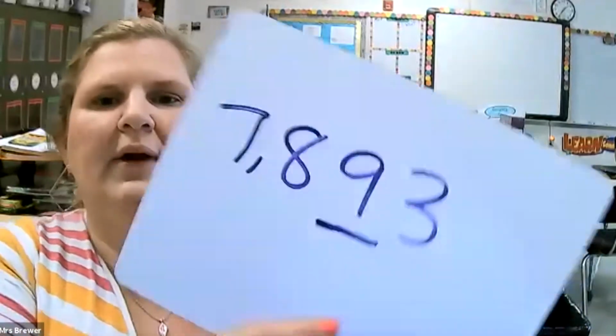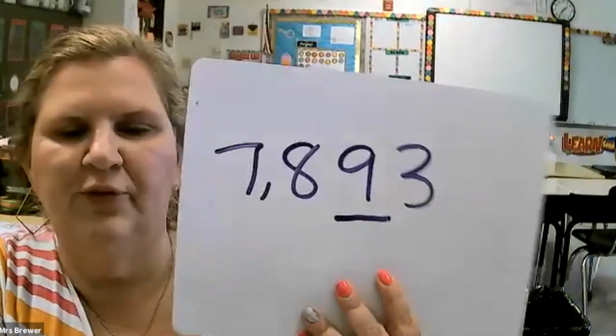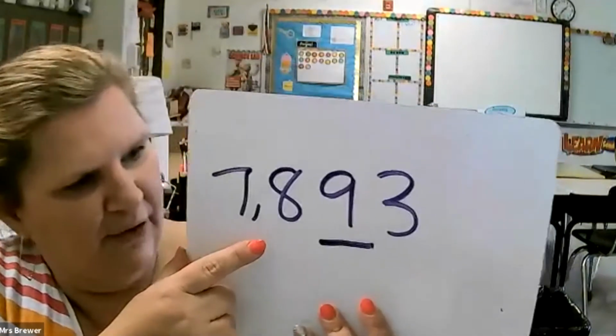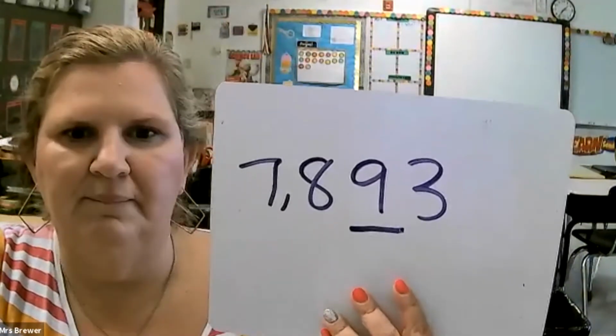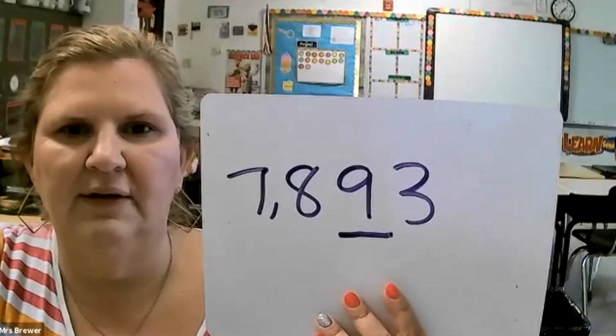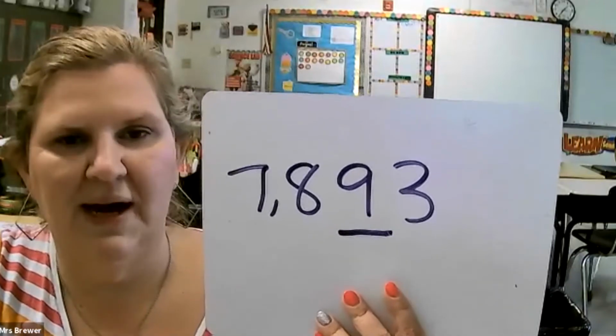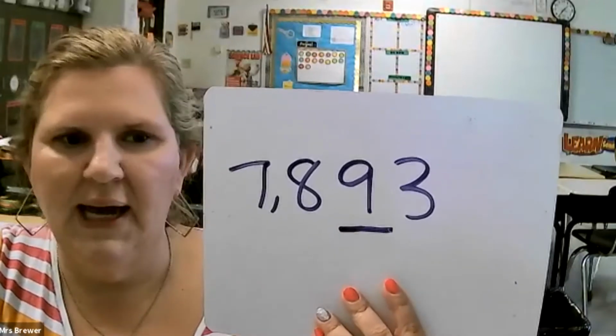So your question may look like this, and it may say find the value, and usually they like to underline the digits. That's how I've seen it most on a lot of worksheets and tests and different textbooks, okay? And workbooks that you guys work into, usually it says find the value of the underlined digit. Which digit here is underlined? You're right, the 9. So is it really a 9? Does it really mean just 9?